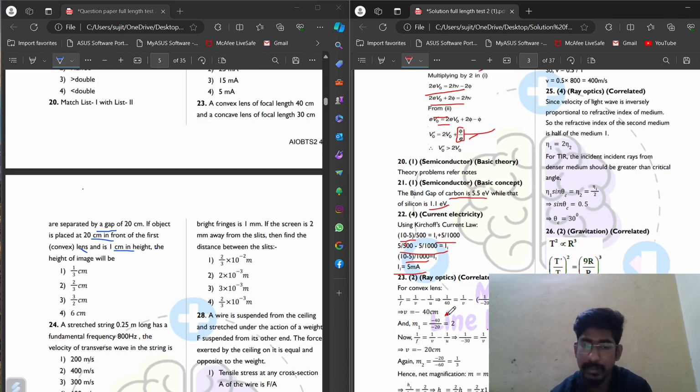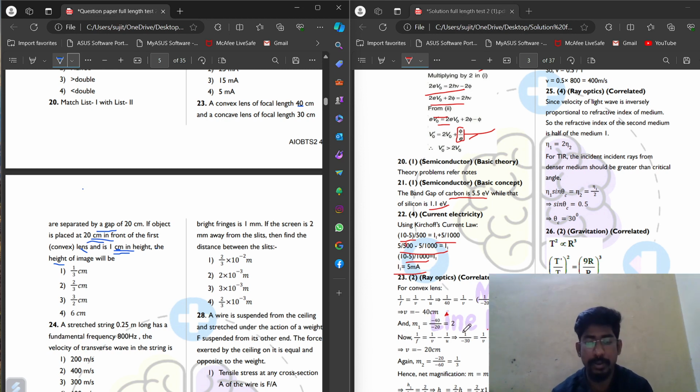Put the value of f and the value of u, and you will get the image distance v. For the calculation of the image height, since the object height is given, you have to calculate the linear magnification, that is m equals h dash by h, or I by O, or v by u, whatever.